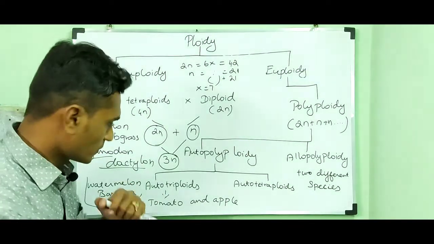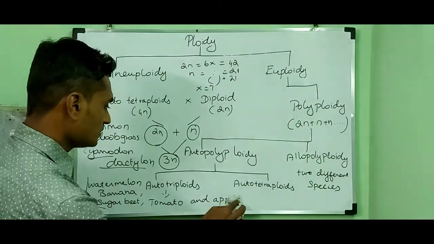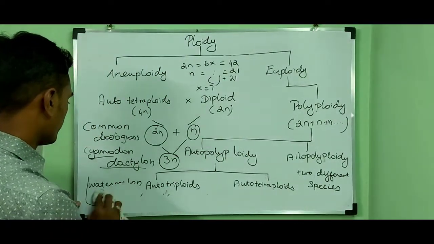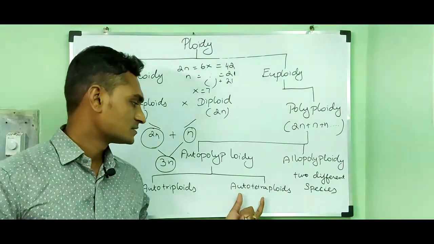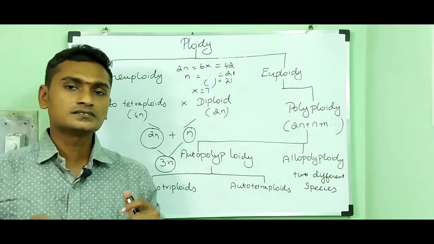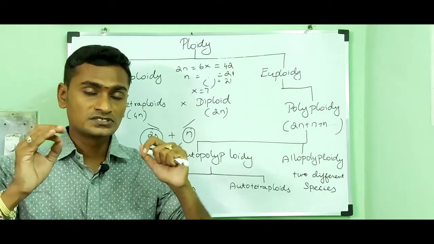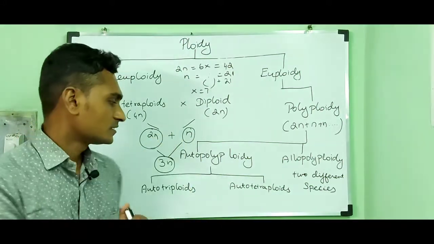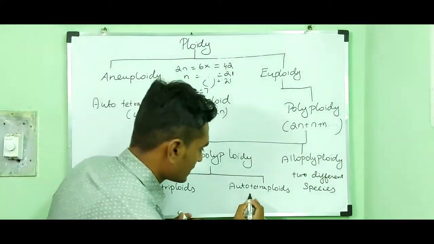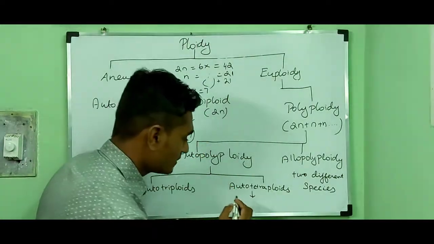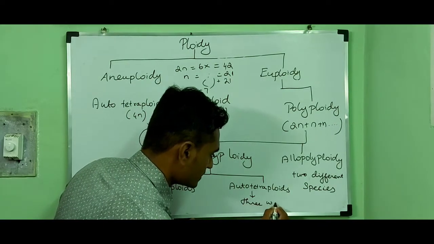Now let me tell about the autotetraploids. Autotetraploids have four copies of their own genome. Autotetraploids can be produced in three ways.